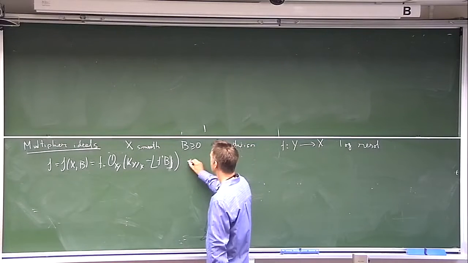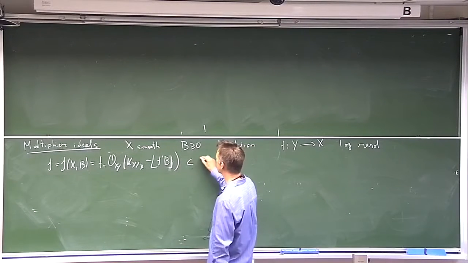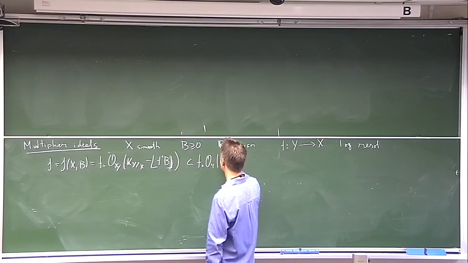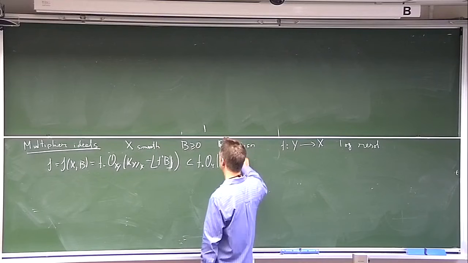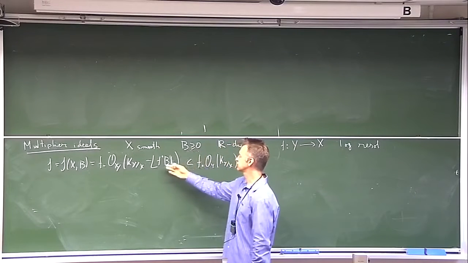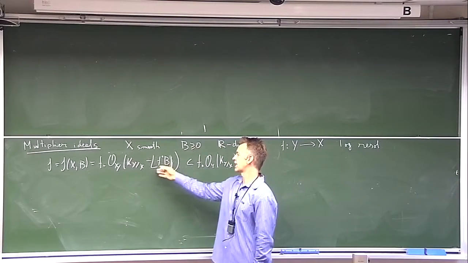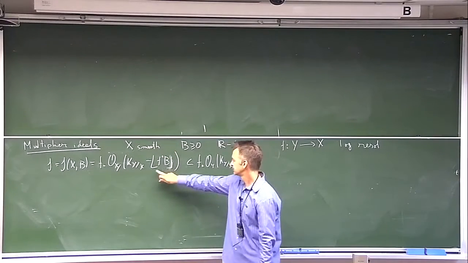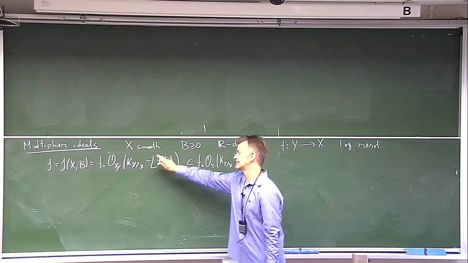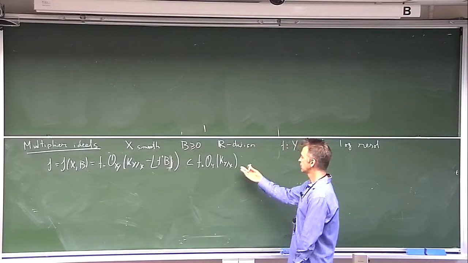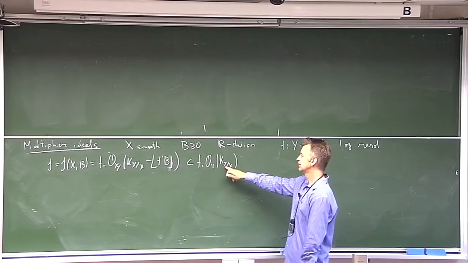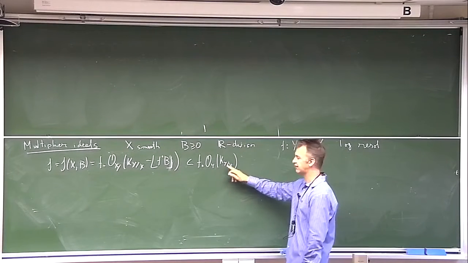So now, the first thing we observe is that clearly this is contained in the pushforward of O_Y(K_{Y/X}), right? This B is an effective divisor, so its pullback is effective. The round down is effective. Minus that, you have an inclusion from here to here just by adding this effective divisor. So this K_{Y/X}, since I assume that X is smooth, is an effective and exceptional divisor automatically.